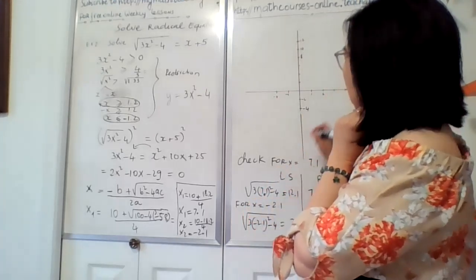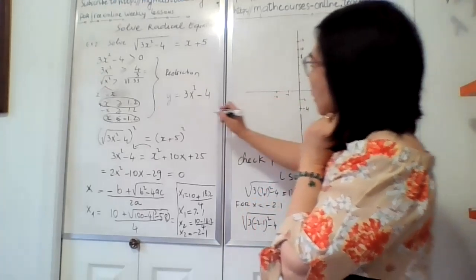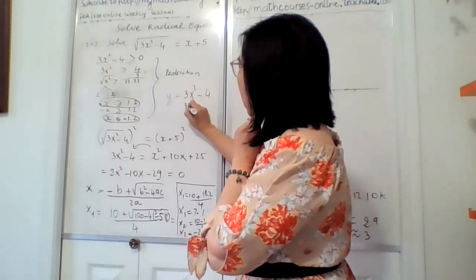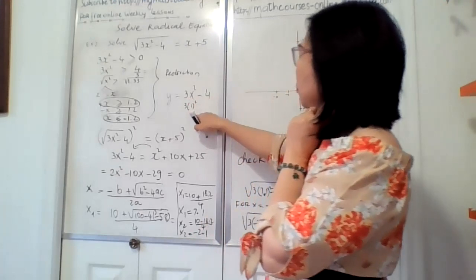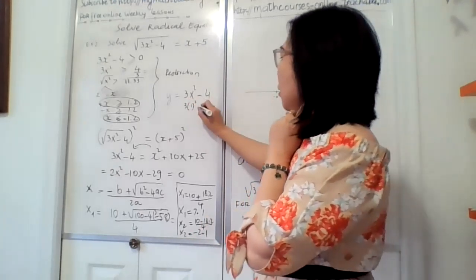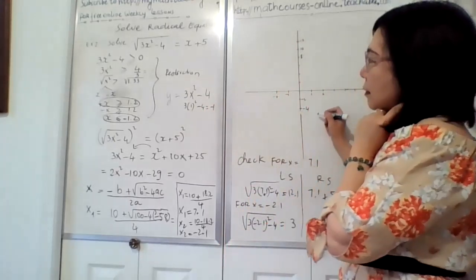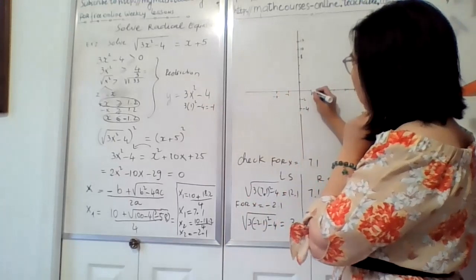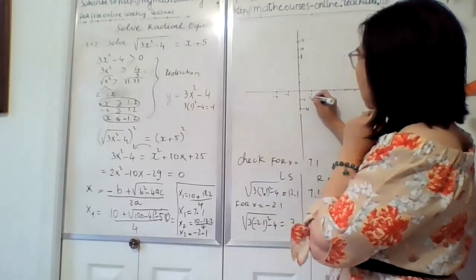All right, how are we going to get this parabola? We know that if x is 1, our y will become 1 squared times 3 minus 4, which is minus 1. So if x is 1, y is minus 1, down here a little bit.